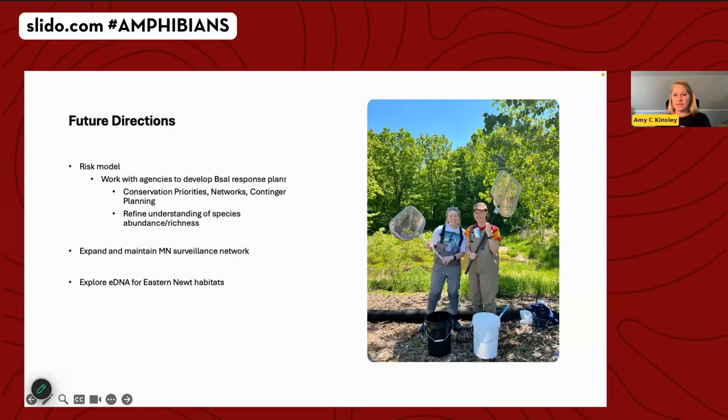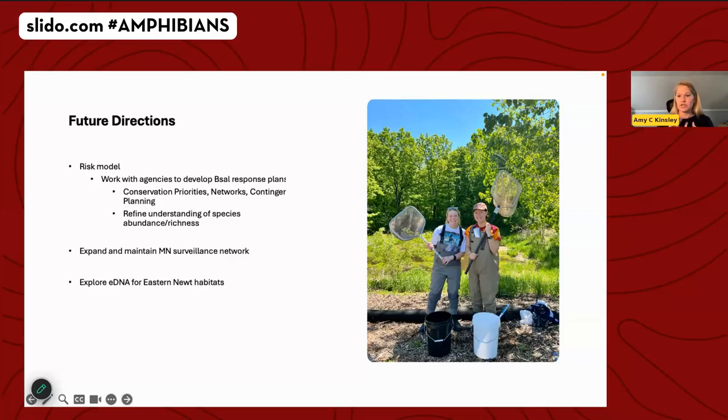So I'll just go ahead and close out the talk by highlighting a few directions where our work is moving. In our next phase of the work, we are focusing on working with state and regional agencies. So we're thinking about taking our risk models and moving them towards practical Bsal response planning. So things like, what are your conservation priorities?